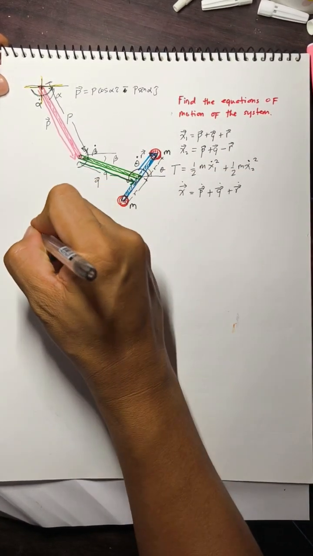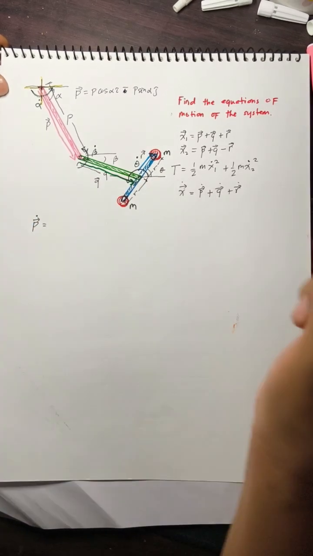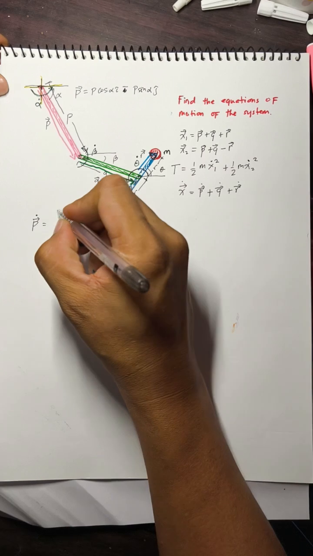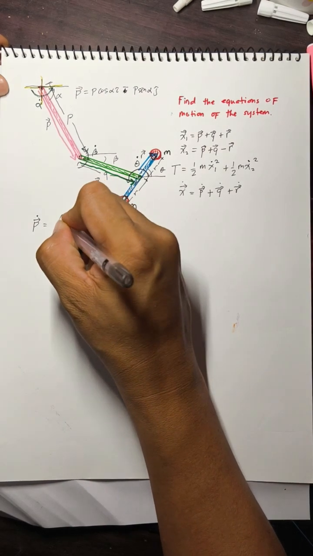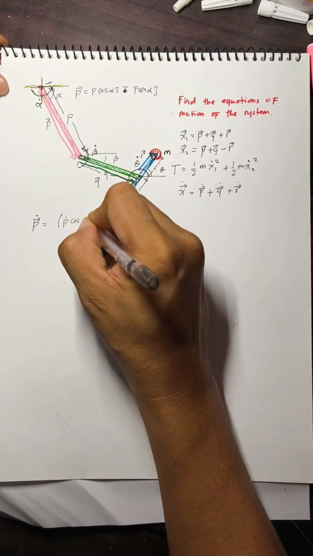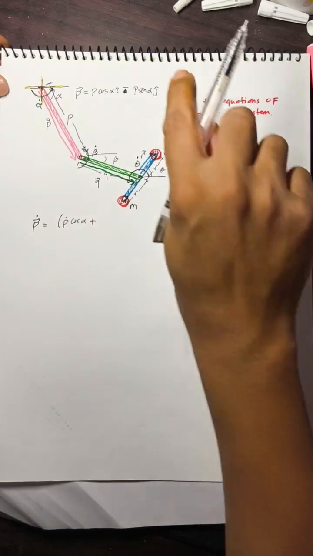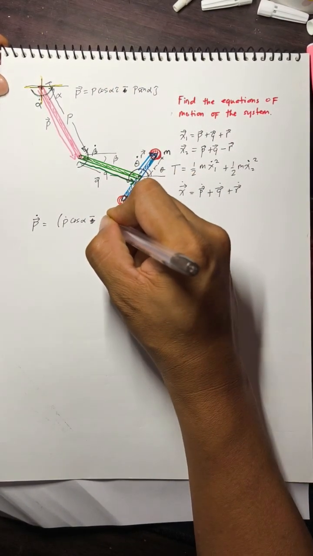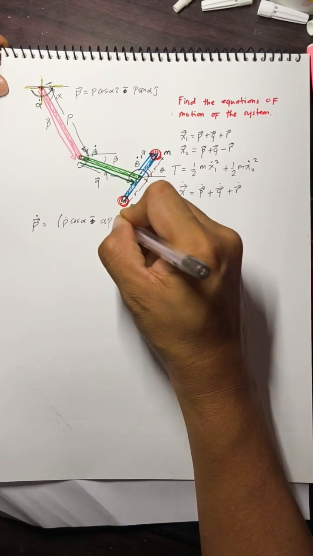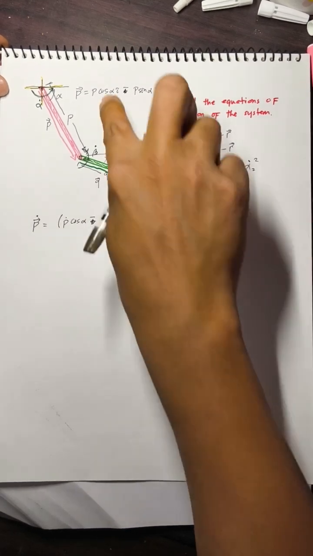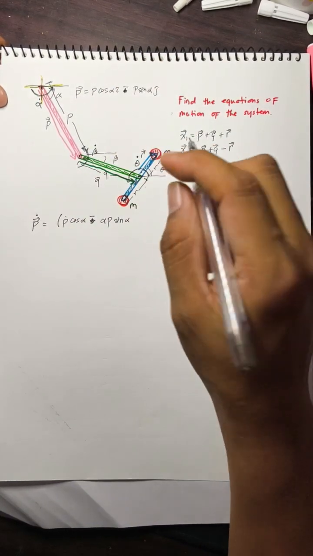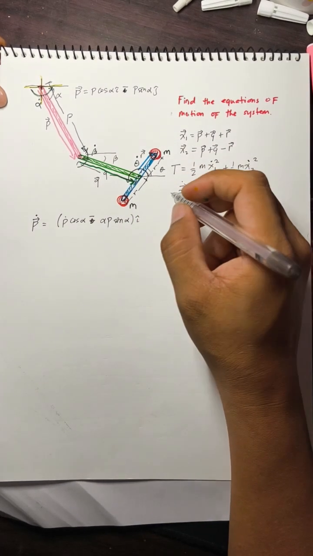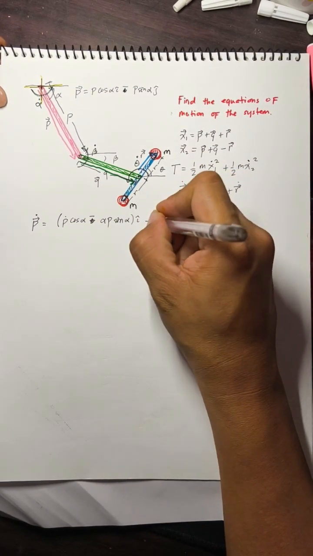So we have now p dot. That would be p dot cosine alpha plus the first times the derivative of the second plus the second times the derivative of the first. Now you will have here a minus alpha dot p sine of alpha, because the derivative of cosine is negative sine, sine of alpha i hat, minus.